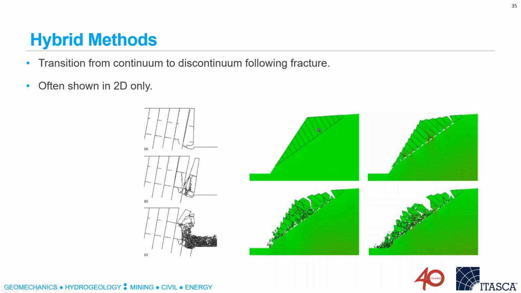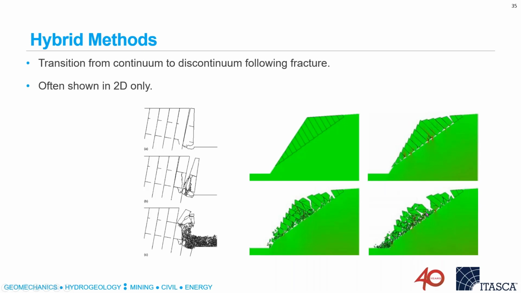So we can see here a couple of examples. This is this toppling model that we looked at previously. But there are stress concentrations that can occur at the toes of each of these blocks, which may cause these blocks to fracture and fail. And so this is a sort of evolution, if you like, of this slope where we start to see some fracturing.